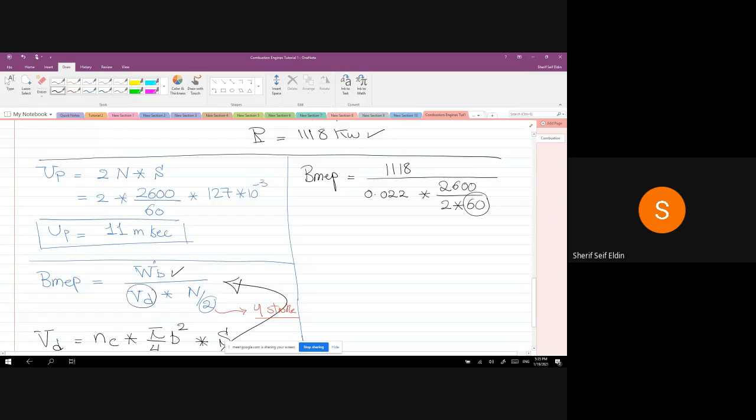Don't forget to divide by 60 in order to convert it from RPM to RPS. So the brake mean effective pressure is going to be 23.3 bars.